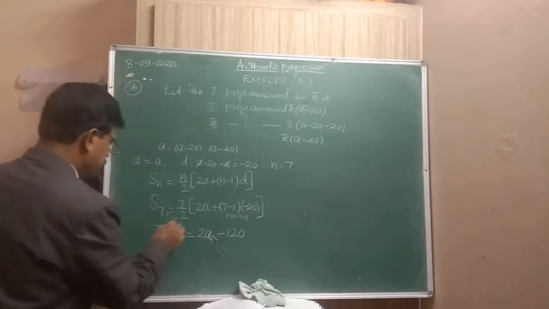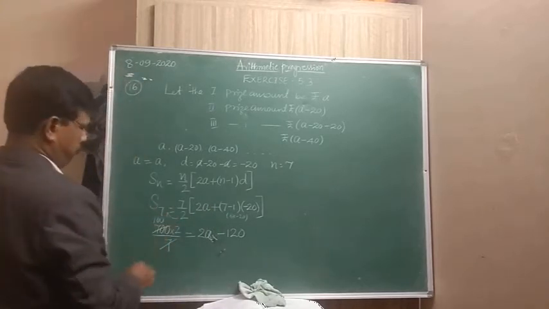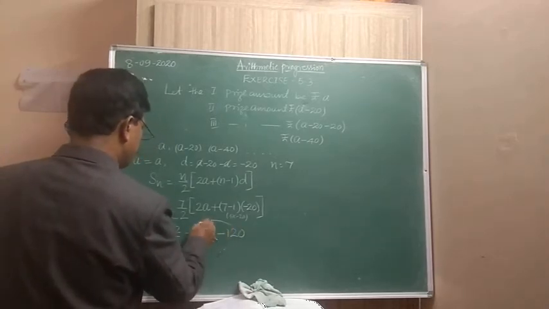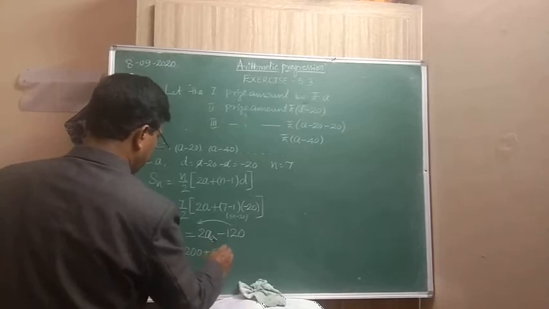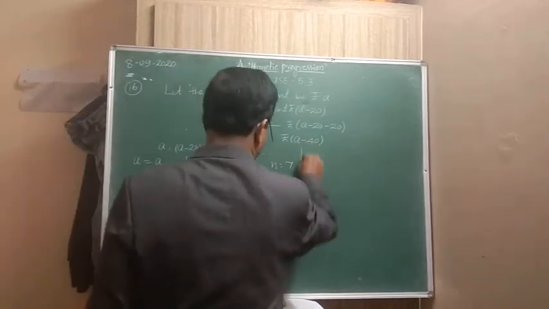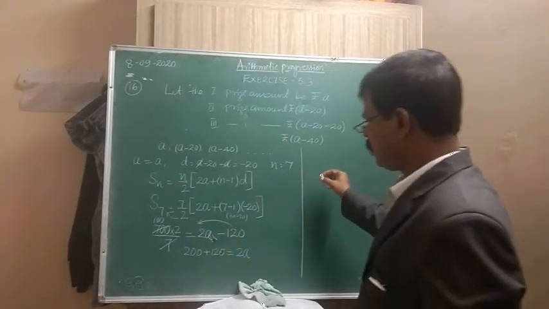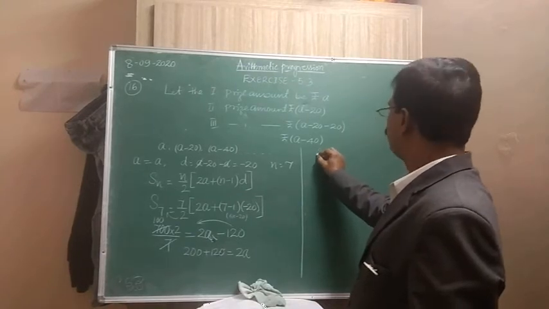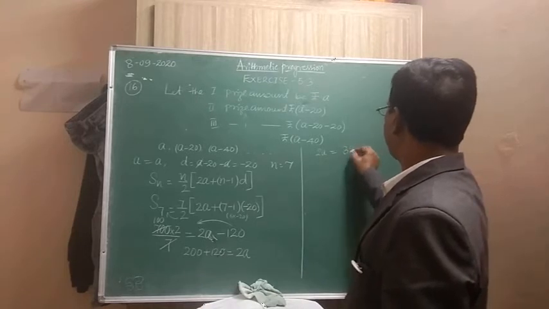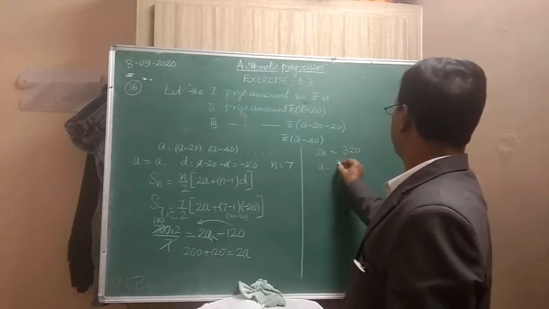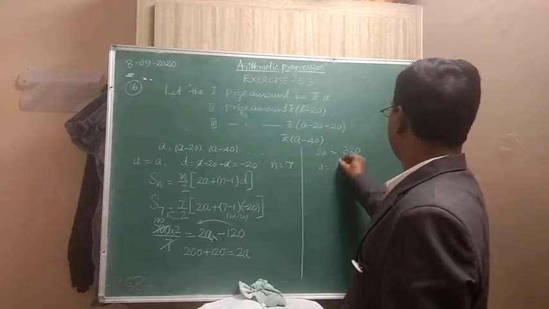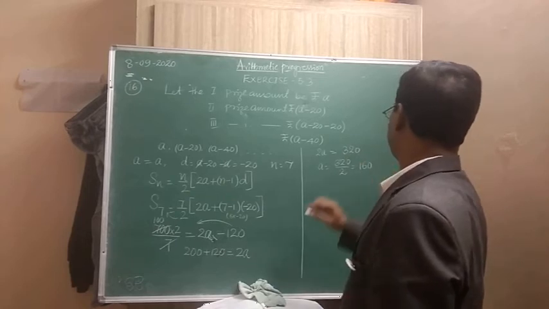Now 7 ones are 7, hundreds are 100, into 2, 200. Shift this 120 to this side, plus 120 equals 2A. Then what is 200 plus 120? 2A is equal to 320. Then A is equal to 320 by 2. 2 ones are 2, 2 sixes are 12, 0.